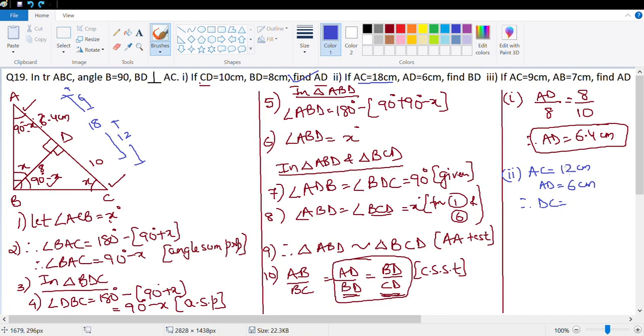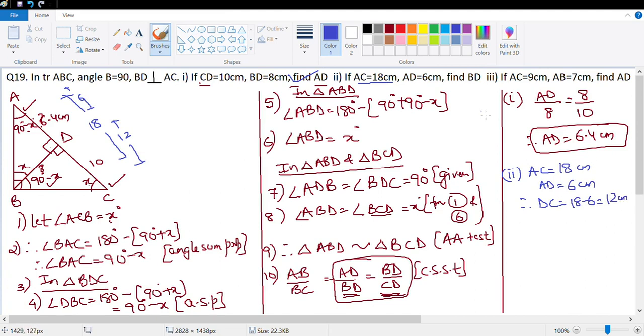It's given as 18. I don't know why I wrote it here. Let me just erase this. As per the question, it's given as 18 centimeter, AD is 6. Therefore, DC is equal to 18 minus 6, which is 12 centimeter.